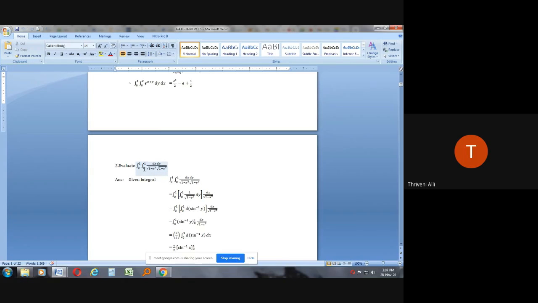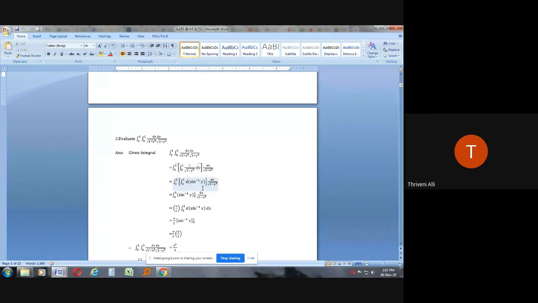See the second example, a double integral. Both the integral limits are 0 to 1, so both are constant limits. We have to integrate with respect to any variable first, either y or x. See here, integral 0 to 1, again integral 0 to 1, 1 by root of 1 minus y square dy into dx by root of 1 minus x square. Here we separate the functions. We have the formula from intermediate.